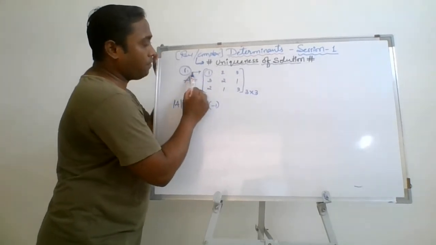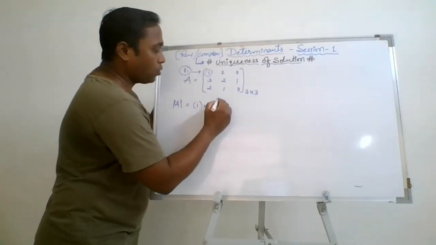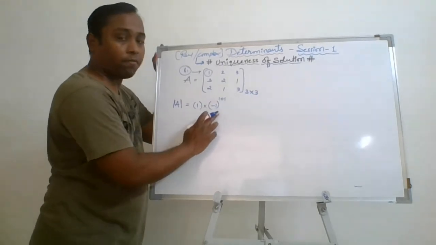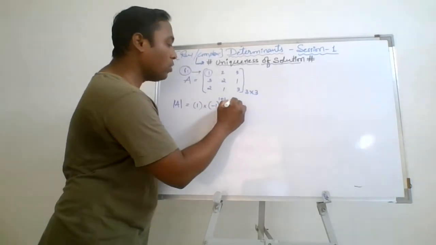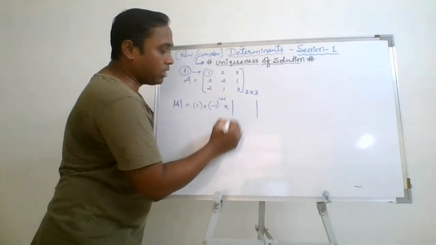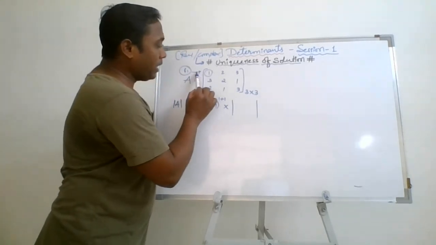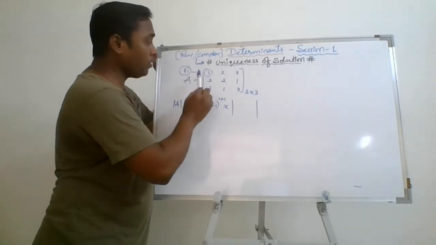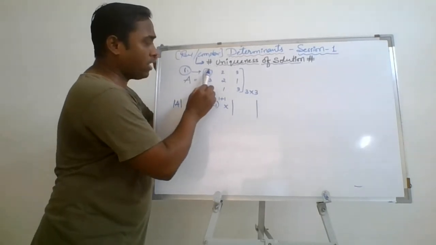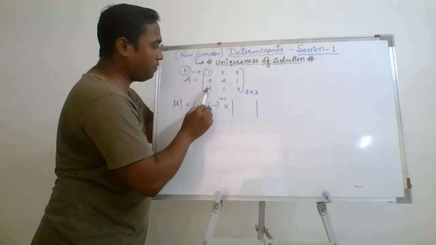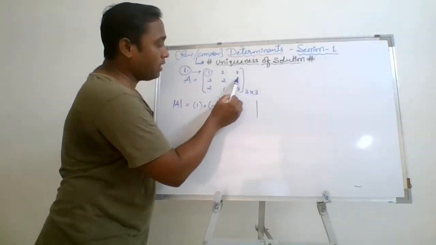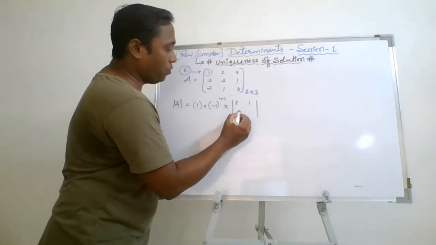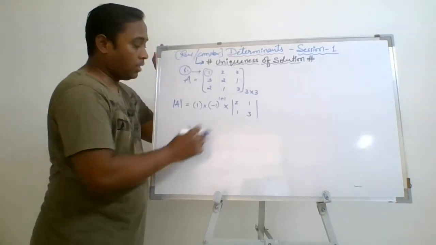It lies in the first row and first column, so minus 1 to the power of first row and first column, into the 2 by 2 determinant obtained by eliminating the row and the column in which the element exists. So 1 is in the first row and first column, so just eliminate first row and first column. What are the left elements in the 3 by 3 matrix? You can write 2, 1, 1 and 3. This is the first part.